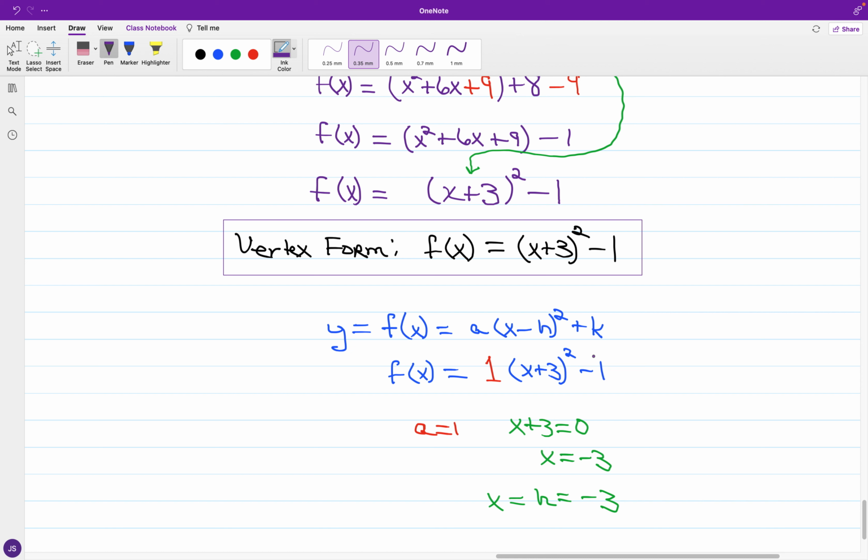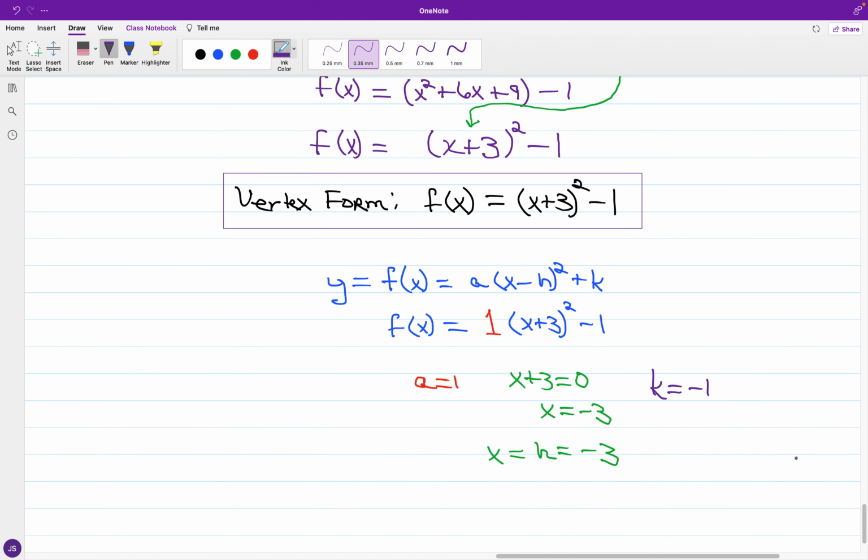And for the k value, you have plus k represented by the subtraction of 1. So you have that k is equal to negative 1. And so the vertex is going to be located at negative 3, negative 1.